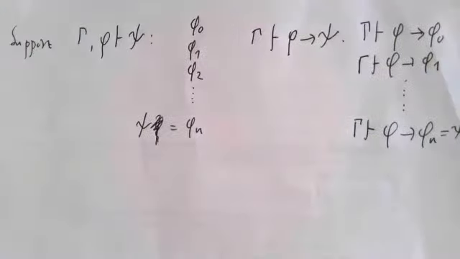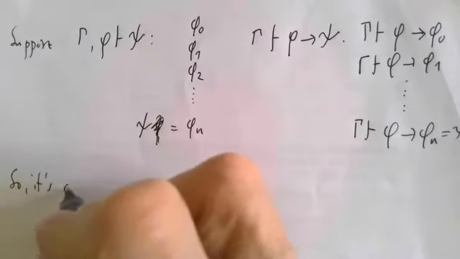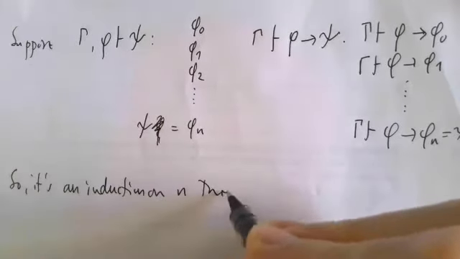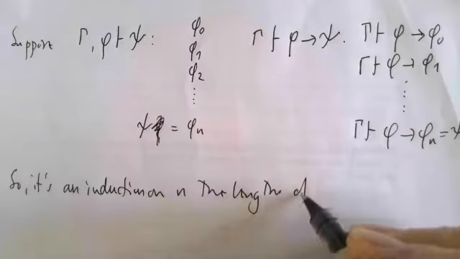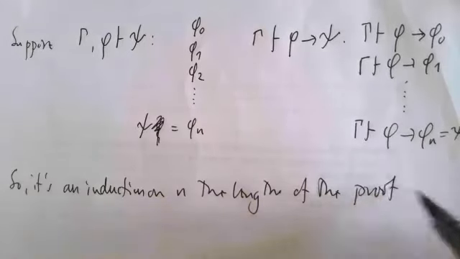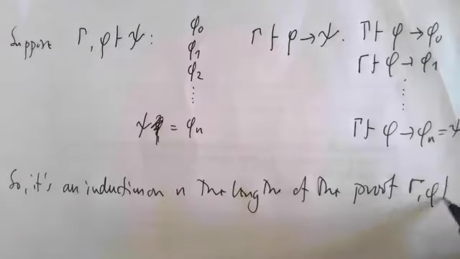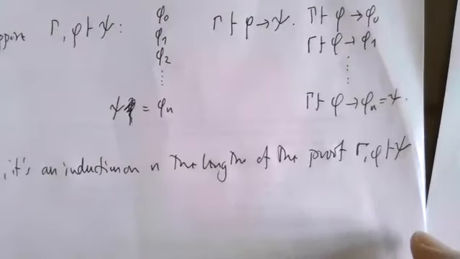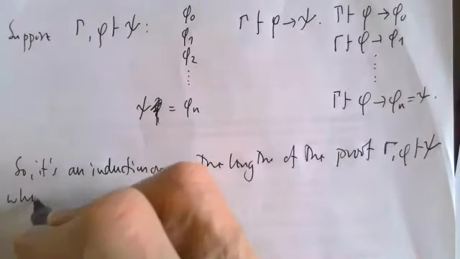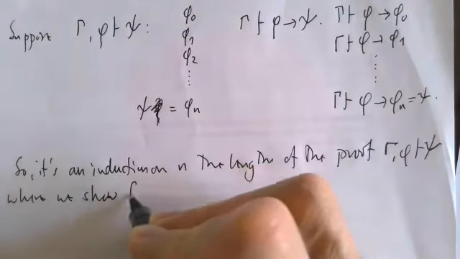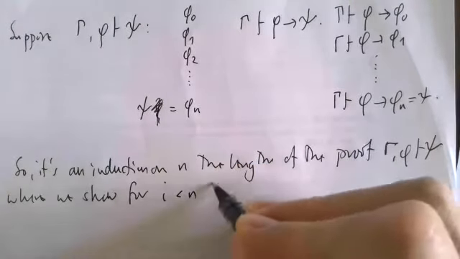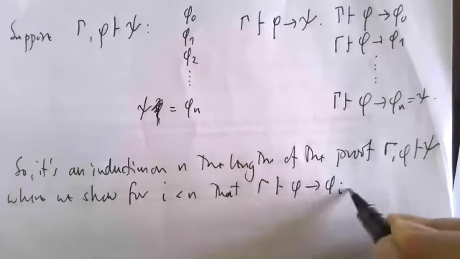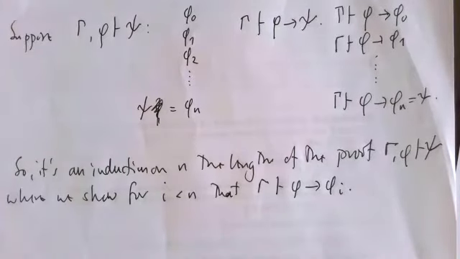It's an induction on the length of the proof, on n, the length of the proof. Gamma, phi, psi, where we show for i less than n that gamma proves phi arrows phi i.